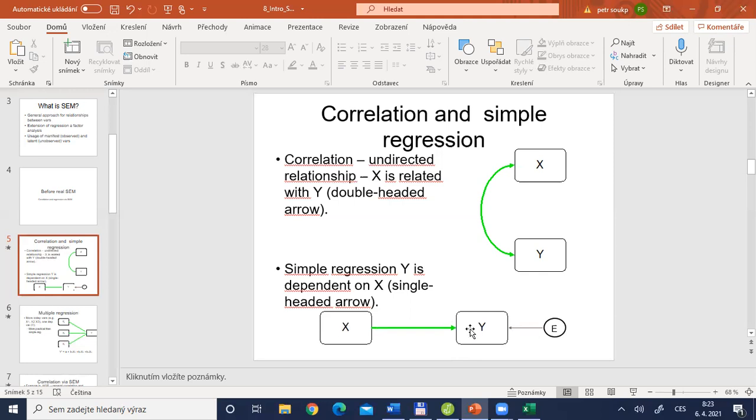So once again, we will briefly discuss the estimated parameters for this model. I guess the most important parameter would usually be the relationship between x and y. We usually call this parameter in regression the regression slope.